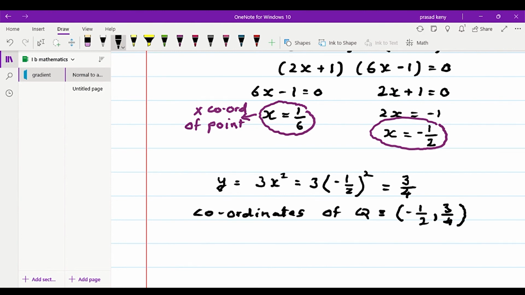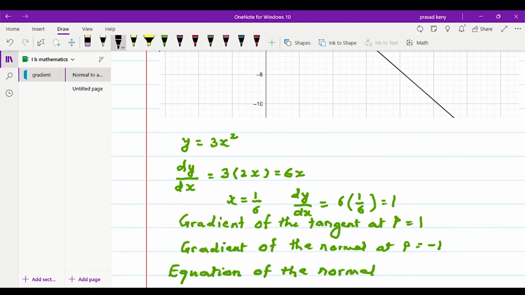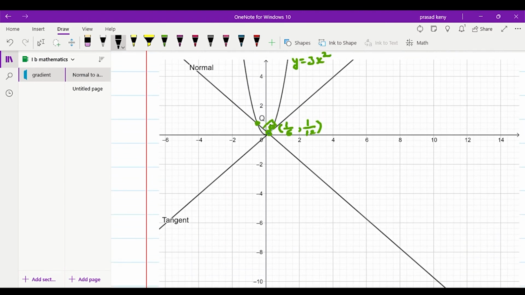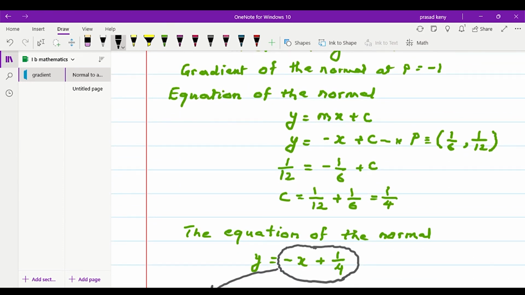So what you have done is, first, by differentiating the equation of the curve, we have found out the gradient of the tangent. Its negative reciprocal is the gradient of the normal. And keep it in mind that point P, that is the point of contact of the tangent, is common to all three: tangent, normal, as well as curve.